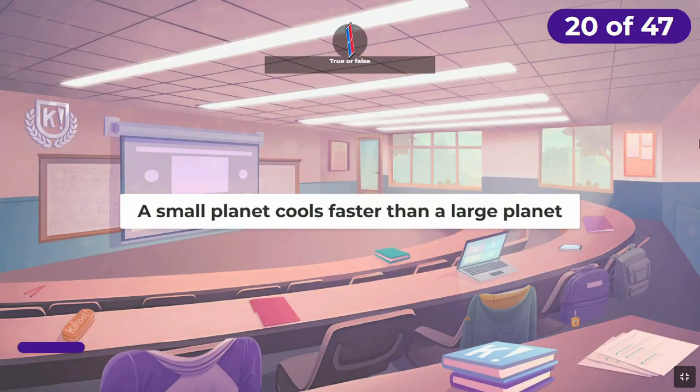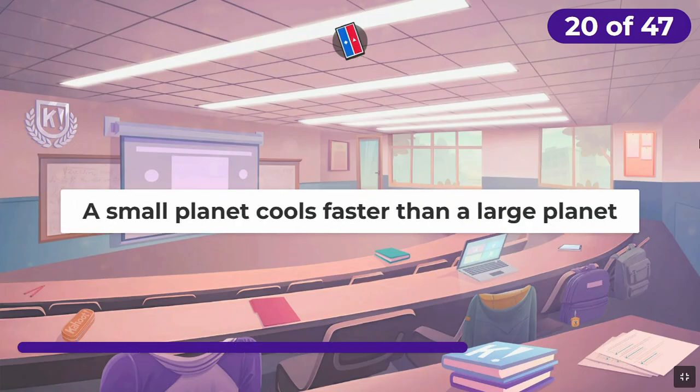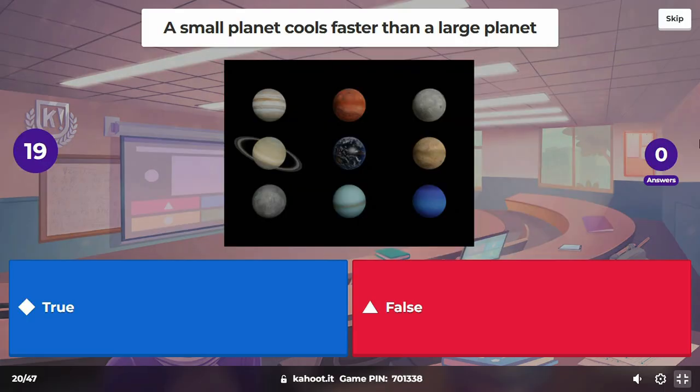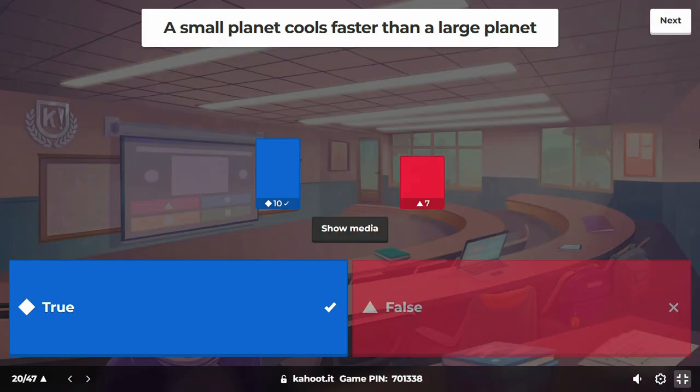Let's apply that analogy now to planets. So is this true or false? So a small planet cools faster than a large planet. Yeah, so the smaller cup of coffee cooled faster, the smaller planet is also going to cool faster.